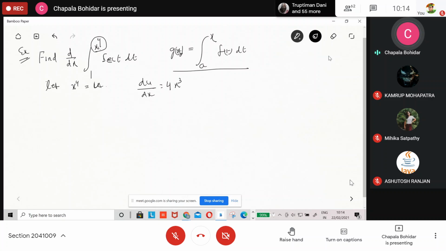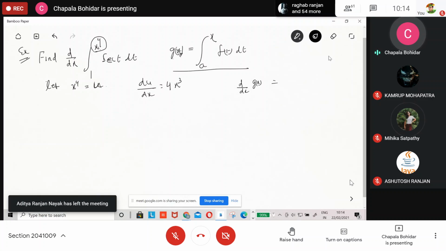X lies between a and b. Then we have to see that g is continuous on [a, b] and differentiable on the open interval (a, b). Then we say that g dash x, which means d by dx of g(x).